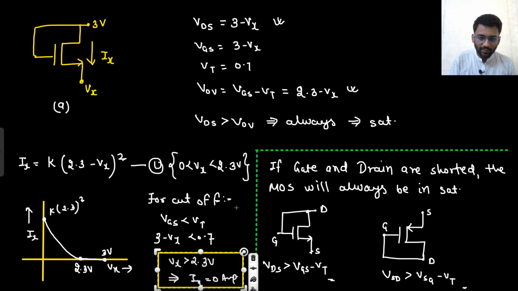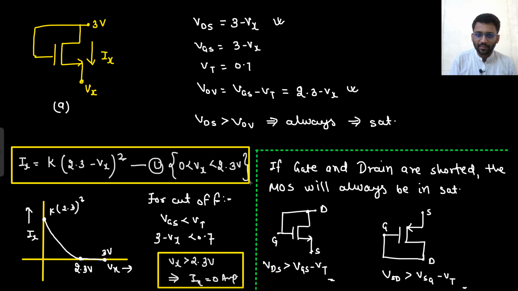If I increase Vx further, my VGS value will be lesser than 0.7, that means VGS is lesser than Vt, so the device will go into cutoff and the current will be 0. That's it. Well and good. So this is the expression of Ix versus Vx we have drawn.